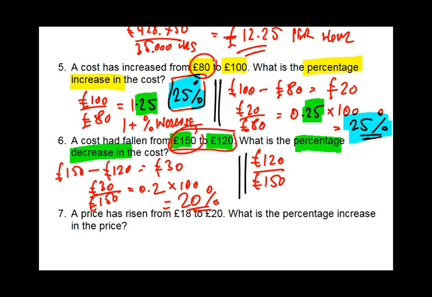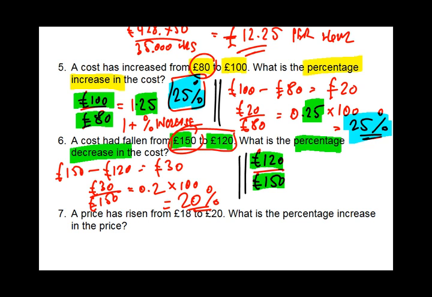So that's very similar to what we did in the previous example. Do you remember we took the 100 that the cost ended up at, divided by the 80 that the cost started at? We're doing exactly the same. It ended up at 120 and started at 150. Just looks a bit different because this time it was a decrease in price.